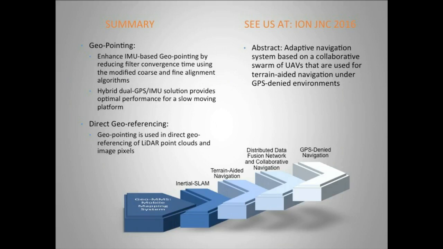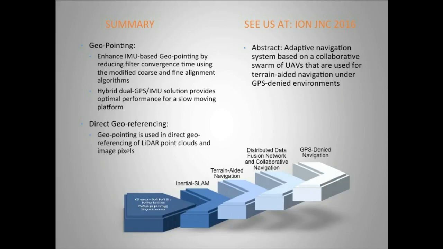So as a summary, our goal is providing a high-level capability for things like GPS-denied navigation and the like. We call that environment perception. Those capabilities are built up of lower-level capabilities like direct georeferencing, which in turn is built on geopointing.